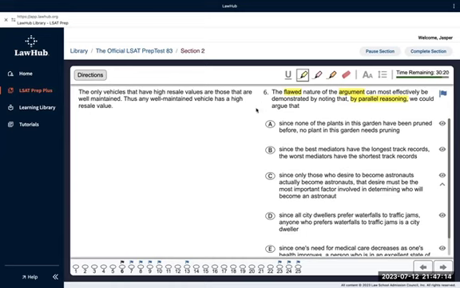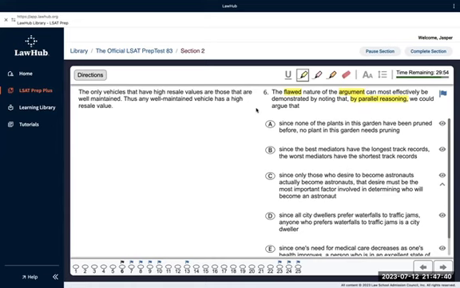If we're going to choose an answer choice here, we really want it to show that the argument in the stimulus is flawed. A way that we can do that is by showing that the same reasoning structure could lead us to an absurd conclusion.